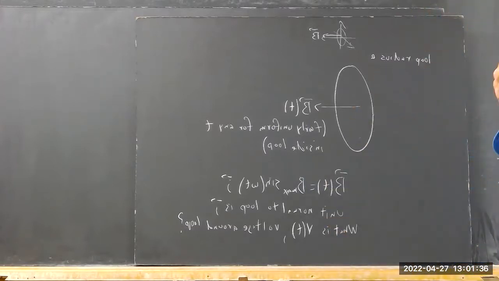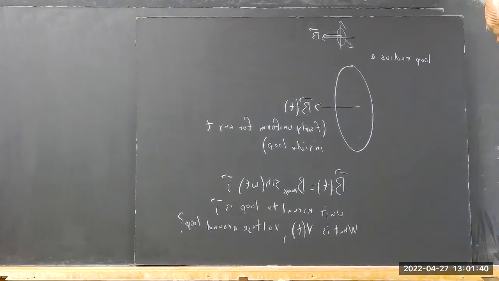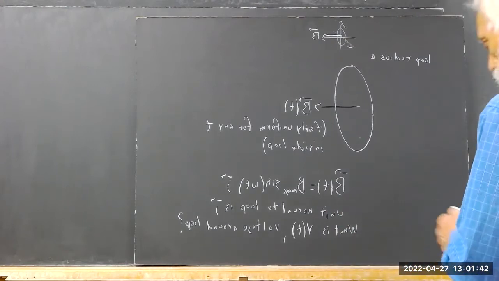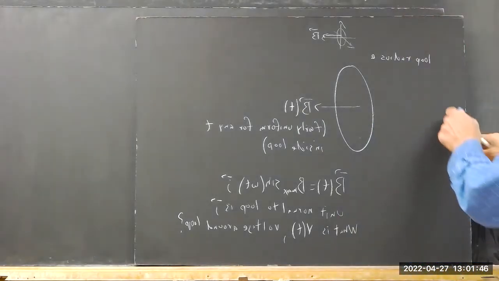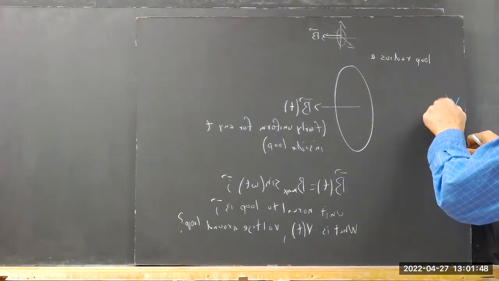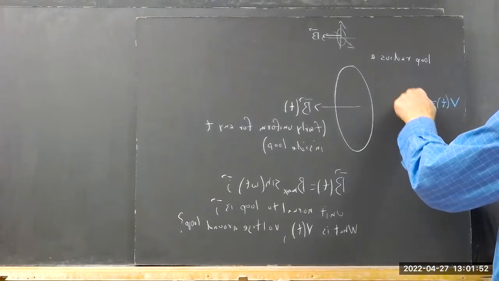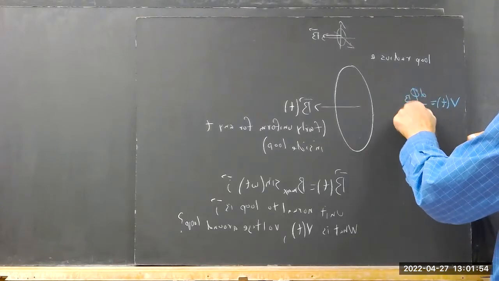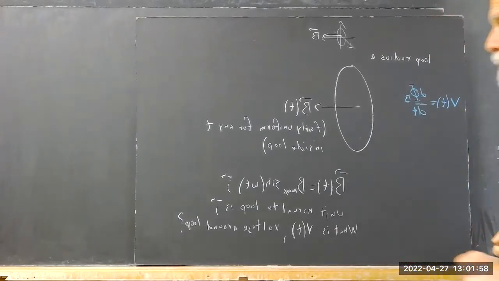Then very quickly we got that it's the derivative of the flux with respect to time. So you get V of t, the rate of change of the flux.